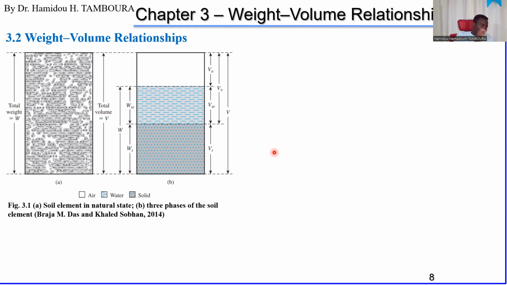So, as we explained before, if the voids are filled with water, then the soil is saturated. If the voids are not filled with water, then maybe it can be partially saturated or dry. If it is dry, it means no water at all.